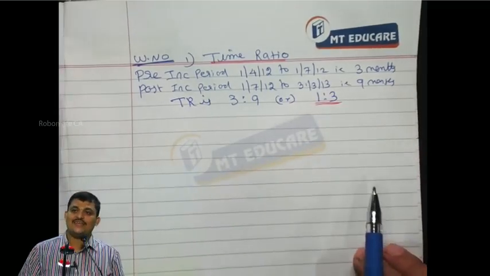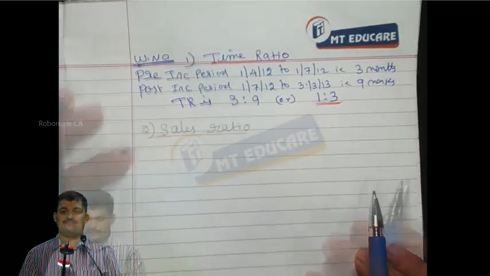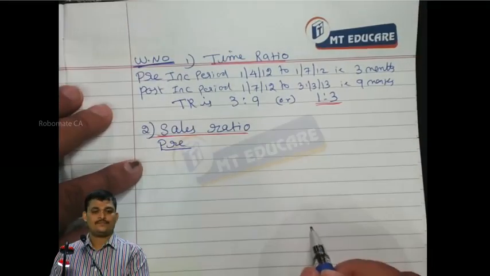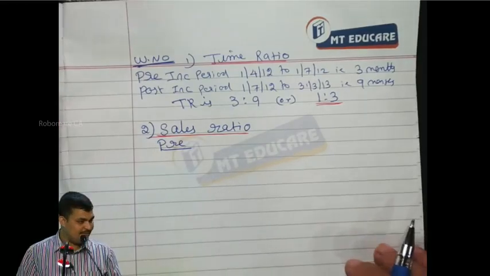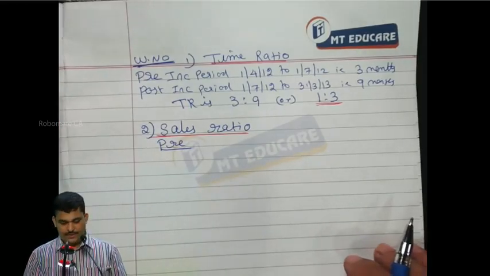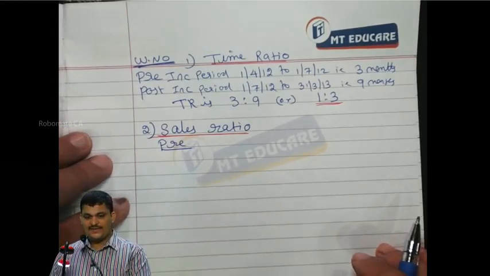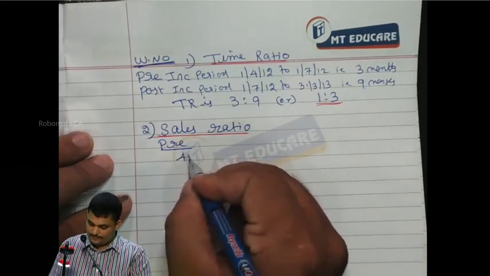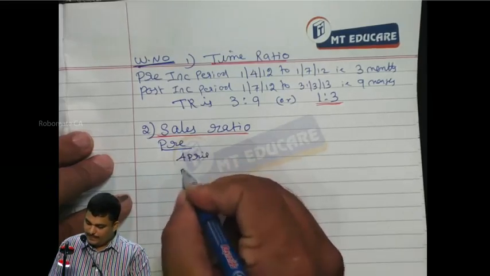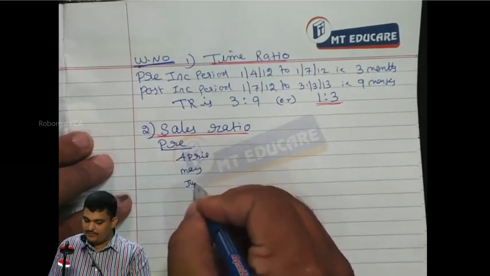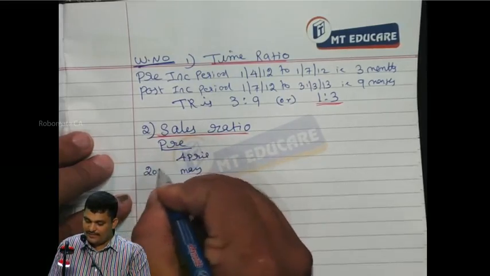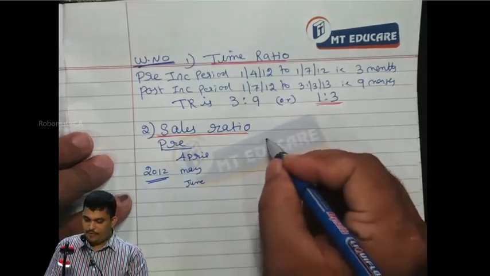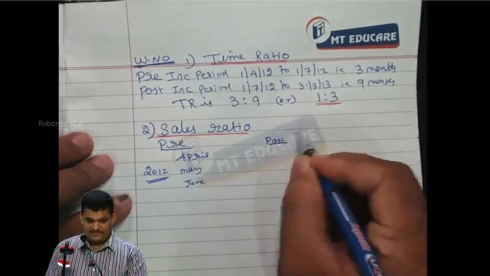What is the sales ratio? Pre-incorporation period and post-incorporation period. In the pre, it is April, May and June of 2012. Everybody? In the post-incorporation period, answer?